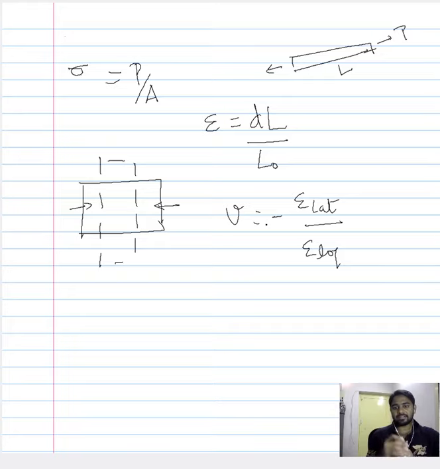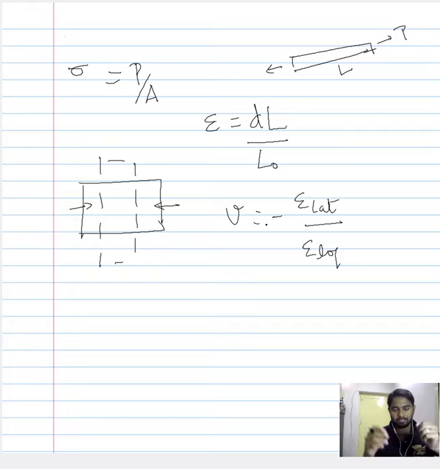So therefore the negative sign that we implicitly have in front of the ratio of lateral and longitudinal strain vanishes, and every material that exhibits shrinkage in the lateral direction when there is an increase in the dimensions along the longitudinal direction, we refer to as a material that has a positive Poisson's ratio.